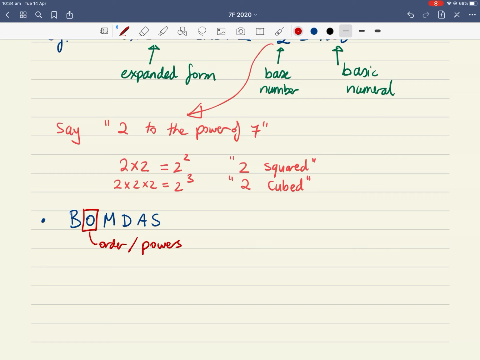So what this means is, when you do order of operations, you always do any brackets first. Then if you see any powers, you do the powers next. Then you do multiplying and dividing from left to right. Remember, always left to right. And then you do addition and subtraction from left to right. So this powers or indices, that's the O out of BOMDAS.